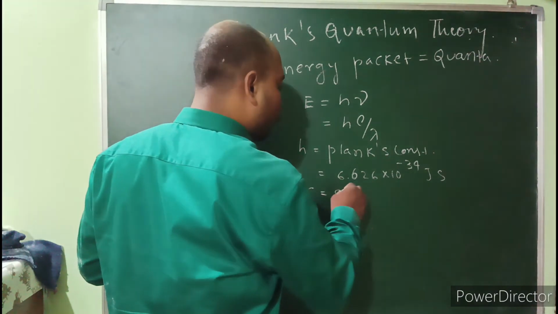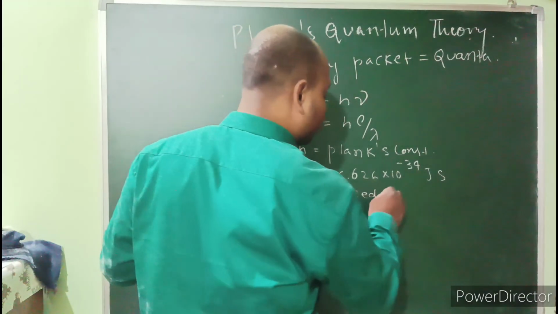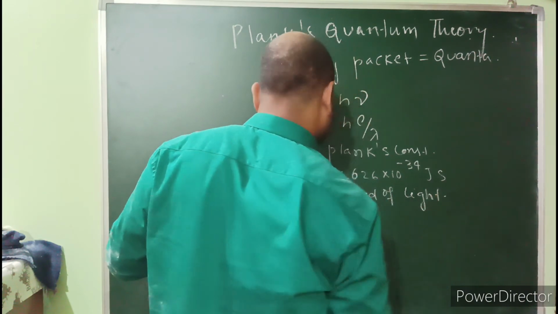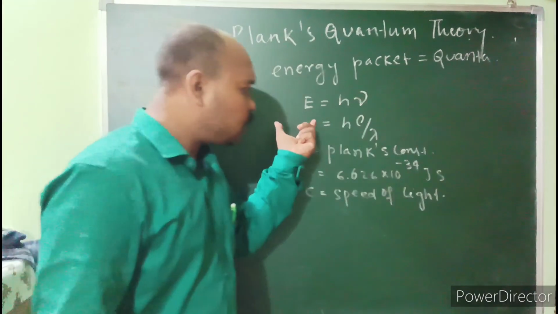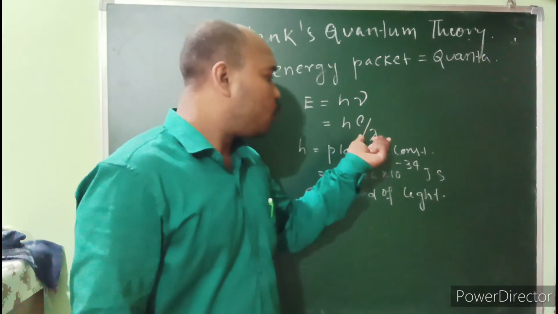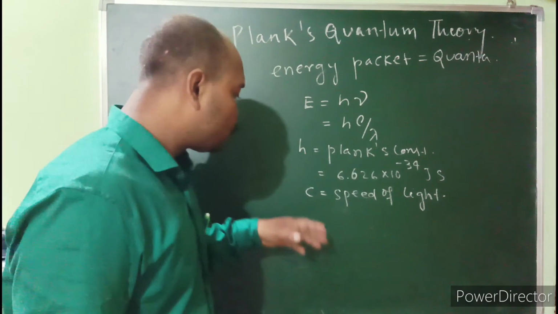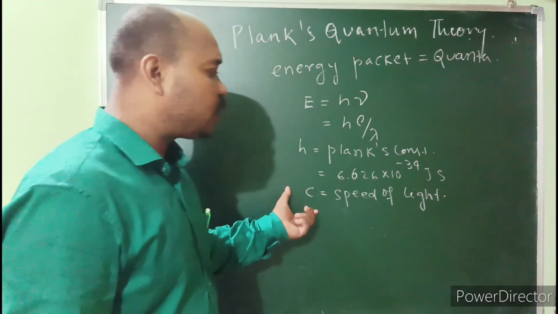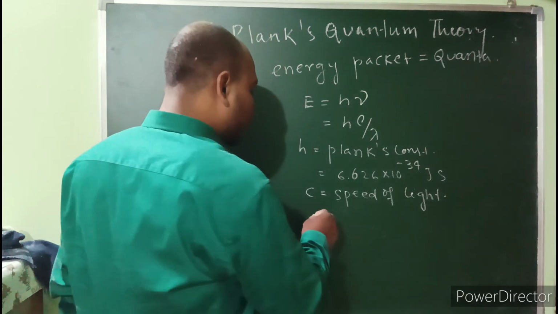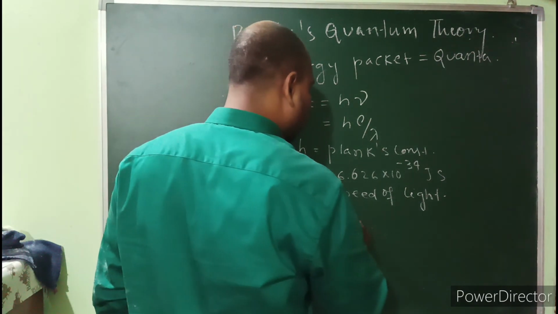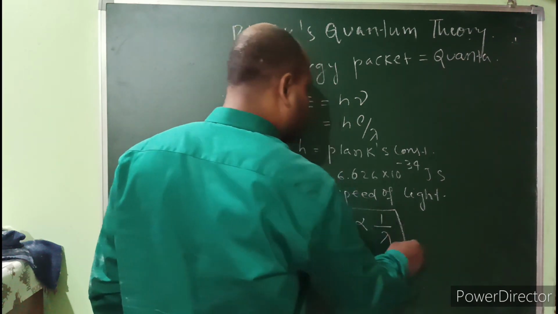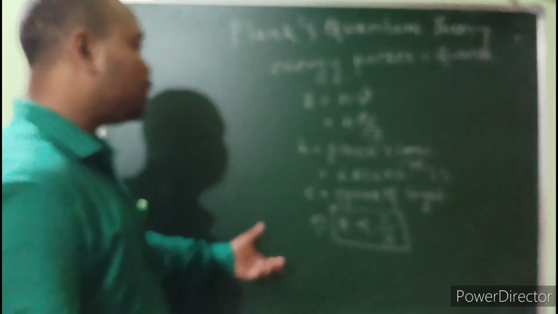C is speed of light. Now energy of that particle is related to frequency and wavelength. The h constant, c constant, so the value of energy depends upon the wavelength. So we can find that energy is inversely proportional to the wavelength. It is his theory.